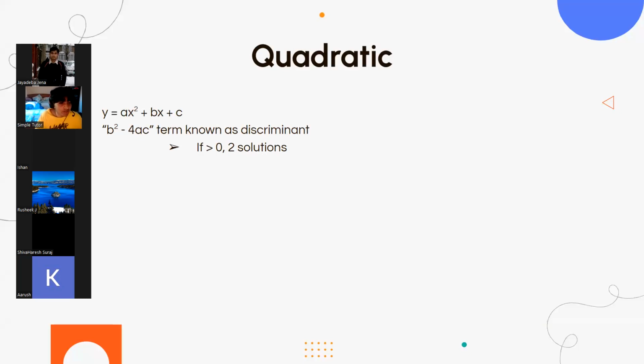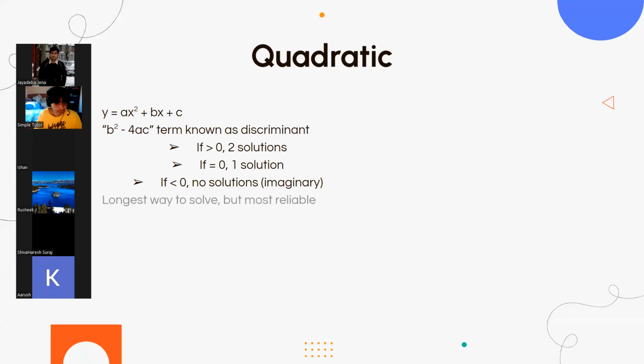If that is greater than 0, we have 2 solutions to our equation. Sometimes it'll just ask how many solutions. If it equals 0, we have only 1 solution. And if it is less than 0, we have no solutions, and that's when we get into imaginary numbers, but for the purposes of physics, we do not get into that, so it has no solutions.